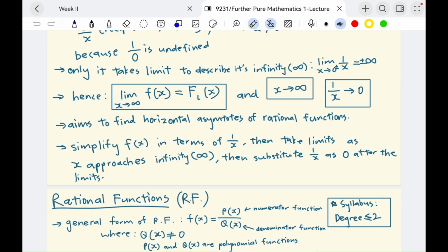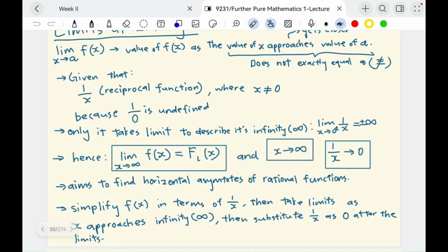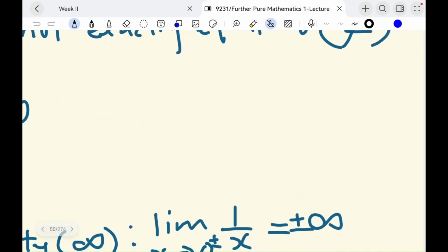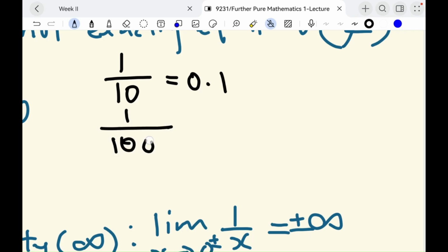After you have obtained the 1 over x, take the limit as x approaches infinity, then substitute the 1 over x as 0. So why, as x goes to infinity, does 1 over x approach 0? Here is the reason. Let me write over here. We have 1 over 10, which is 0.1. What about 1 over 1000? It is 0.001.